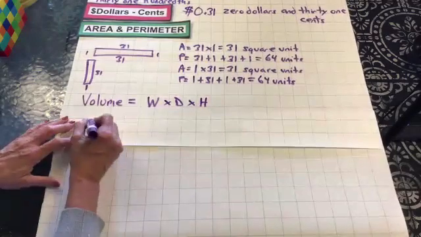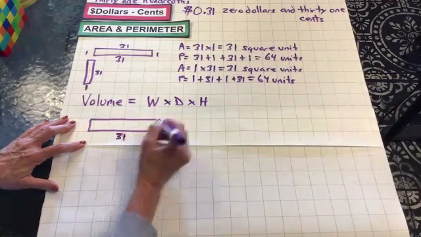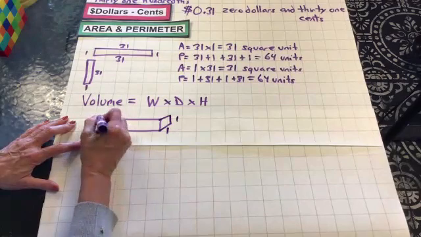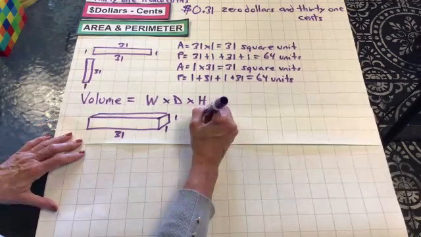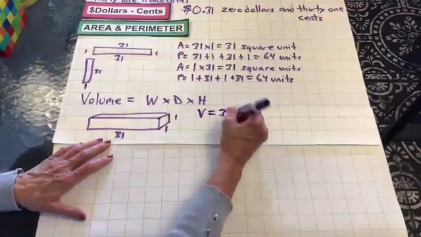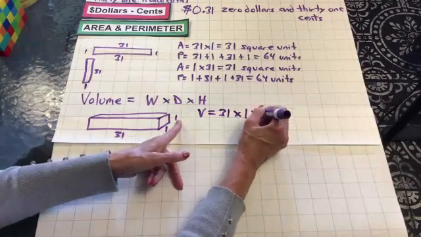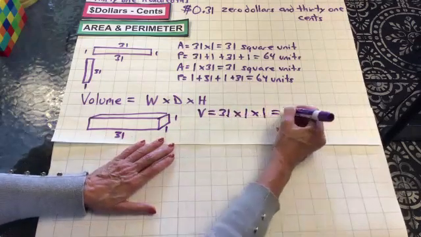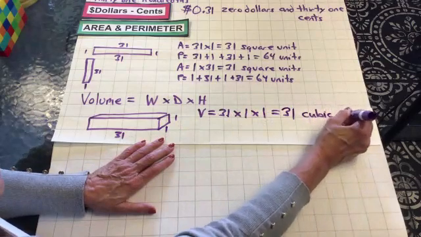So let's go ahead and draw 31 across by 1 deep by 1 tall. So draw your rectangular prism and we're going to write our three-dimensional multiplication problem with 31 times depth, which is 1, times height, which is 1. 31 times 1 is 31, times 1 is 31 cubic units.